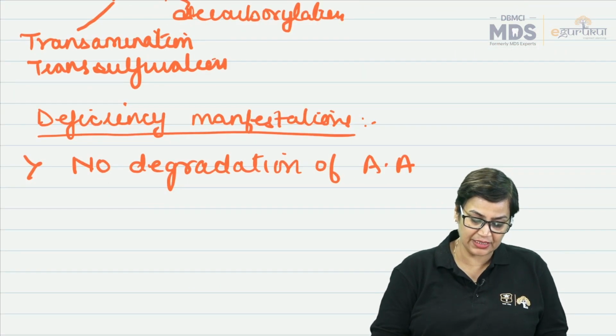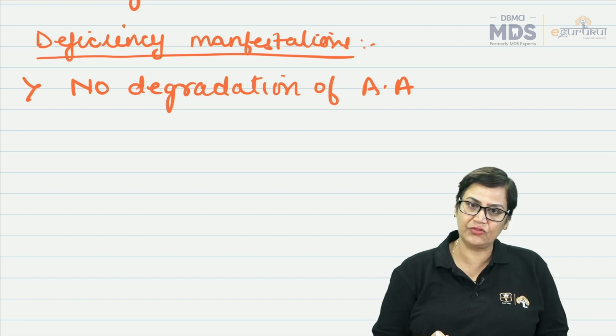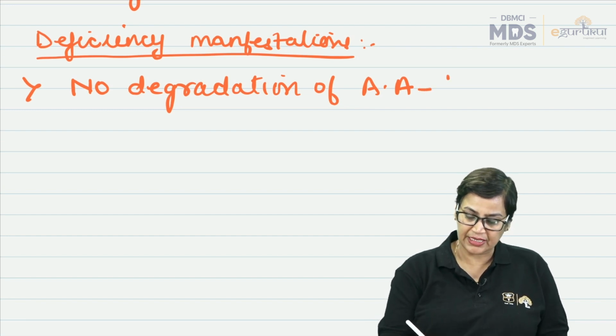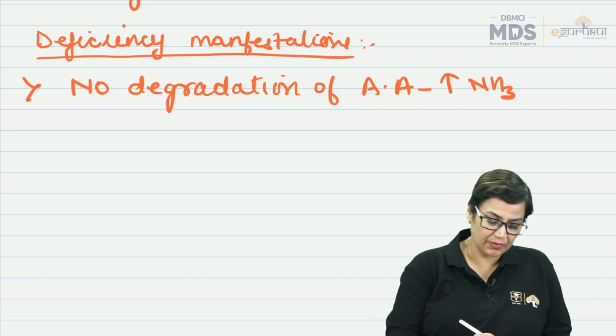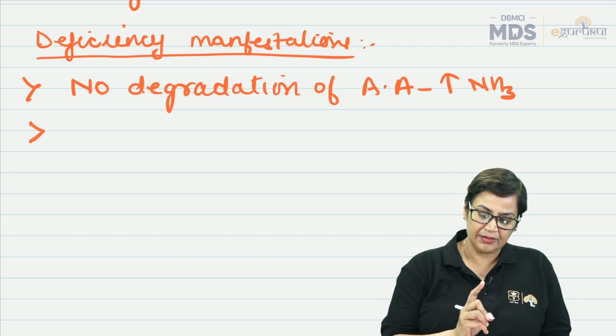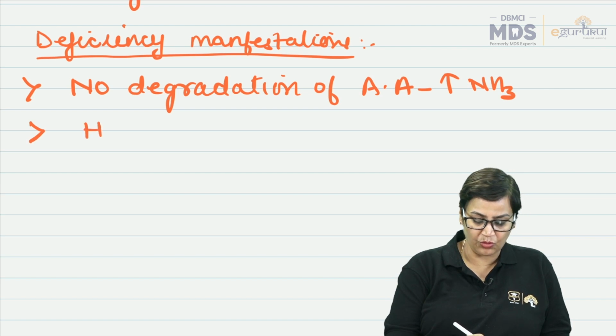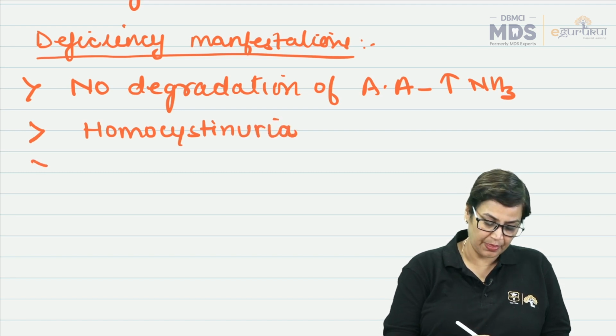So coming over to this, I'll just quickly summarize it. No degradation of amino acids, so you can say increased concentration of ammonia will be there. Second, we studied about, this was transamination, then yes, homocystinuria will be there.